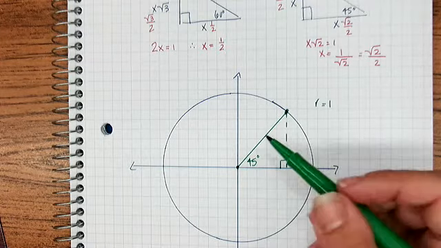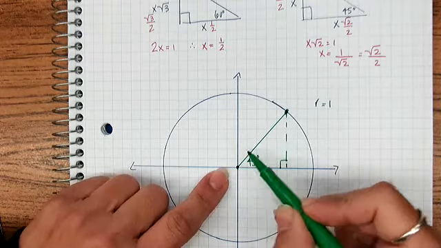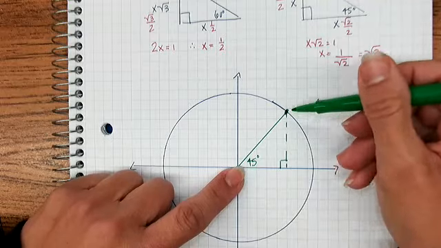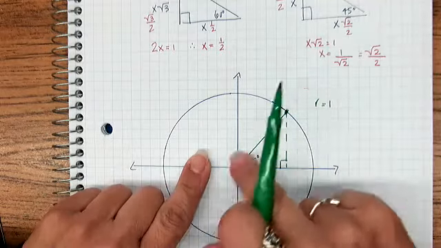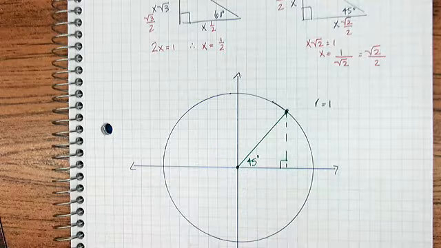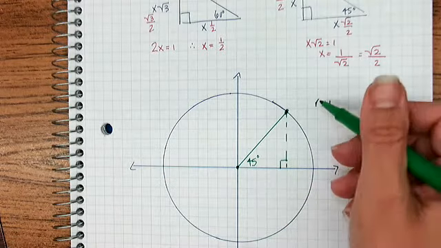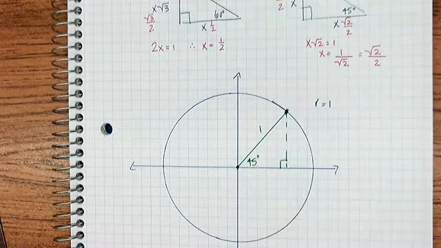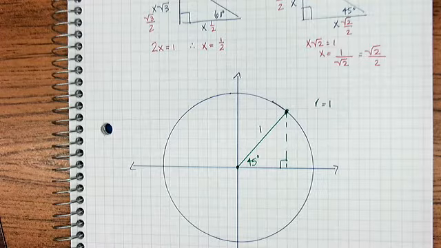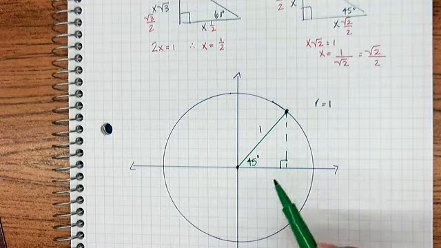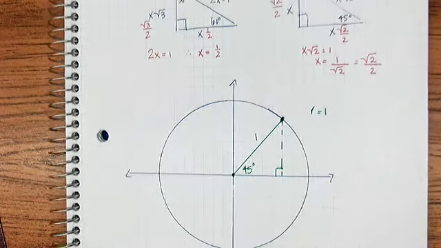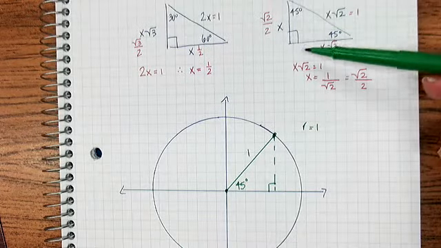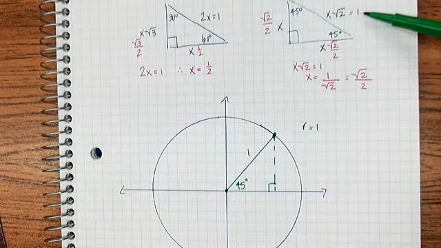Okay, notice that the radius of this circle is the same as the hypotenuse of the triangle, and the radius is 1. So because the radius is 1, and I already figured out that's the same as the hypotenuse of my triangle, well, 45, 45, I said that the hypotenuse was 1.